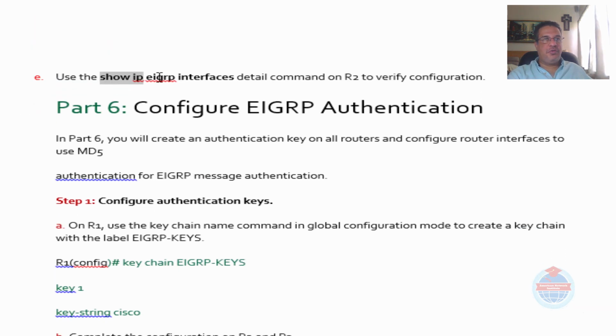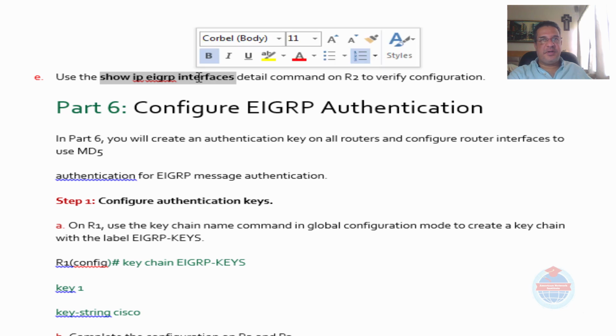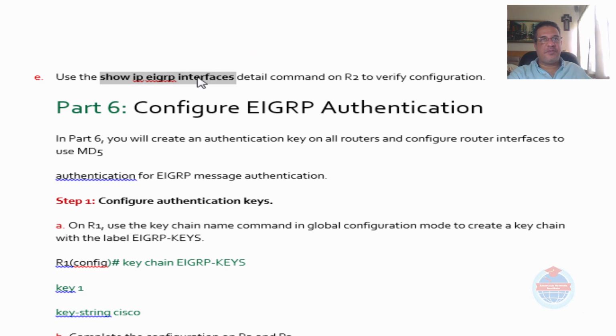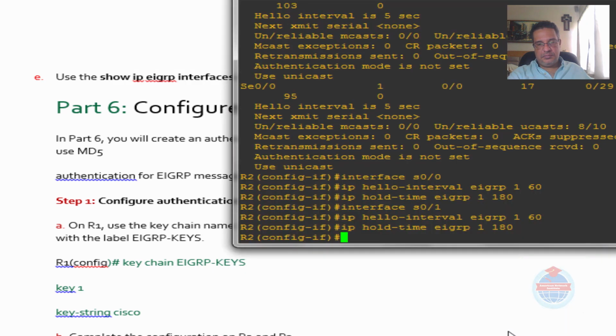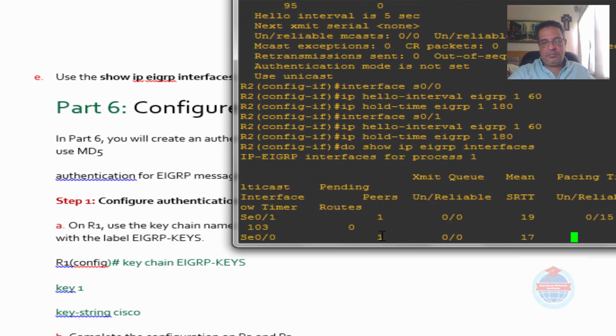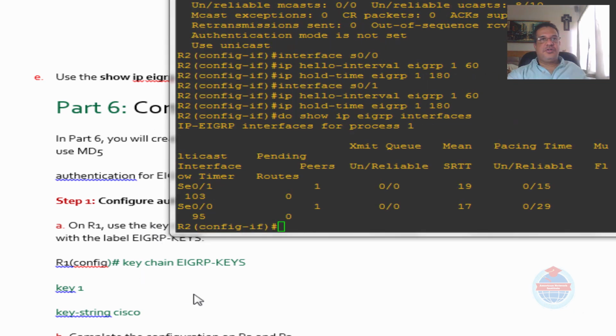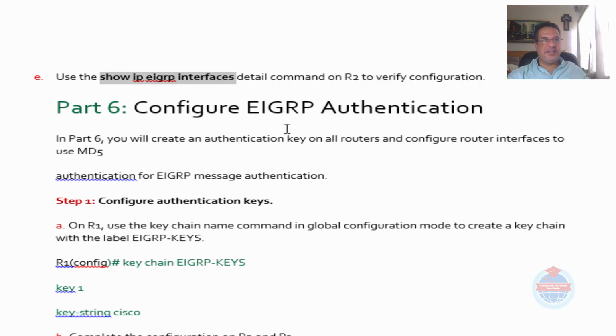Use the show ip eigrp interface detail command to verify the configuration. So let's start jumping on the next part of the exercise.